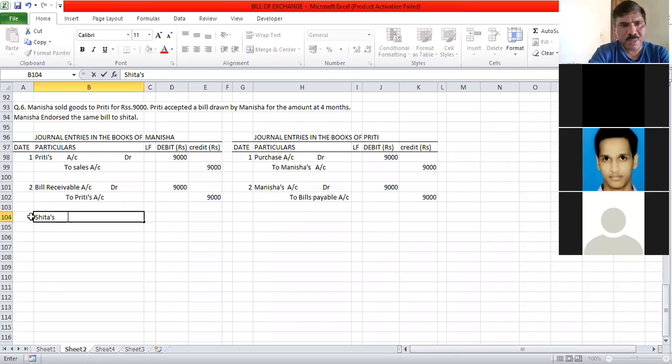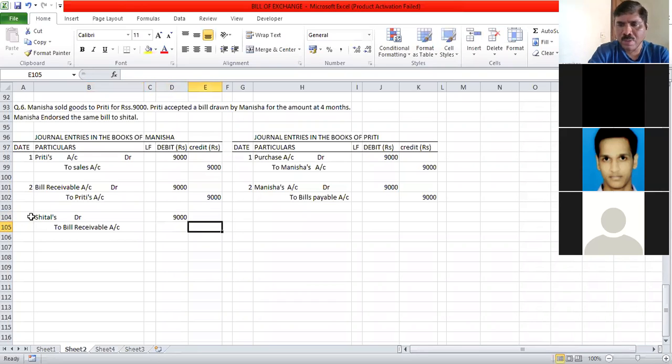Sheetal's account debit to bills receivable account. Why is bills receivable credited? Credit what goes out. It goes out. We have given it to Sheetal.